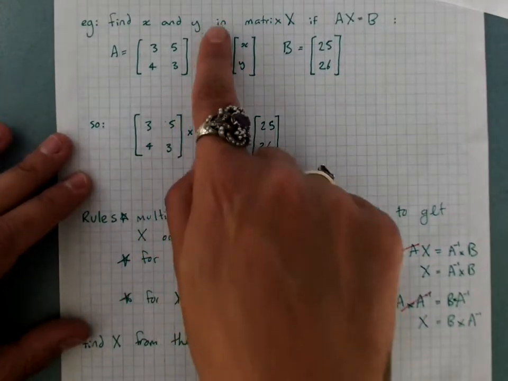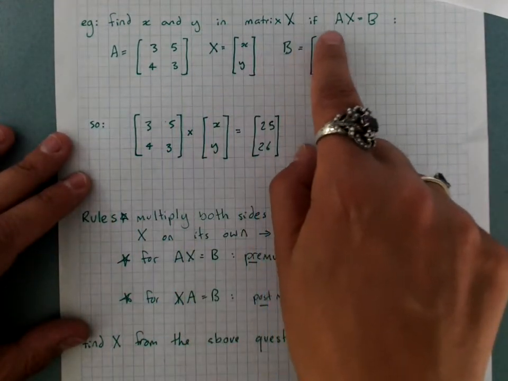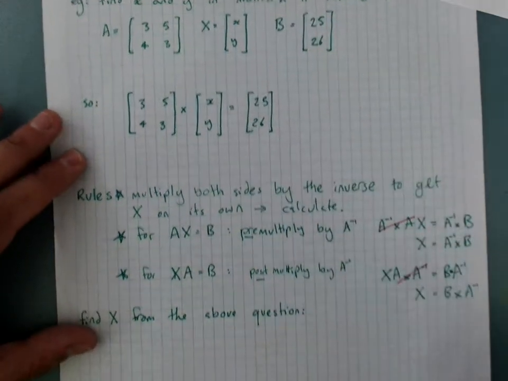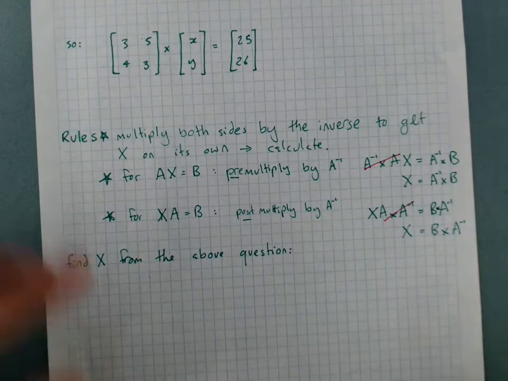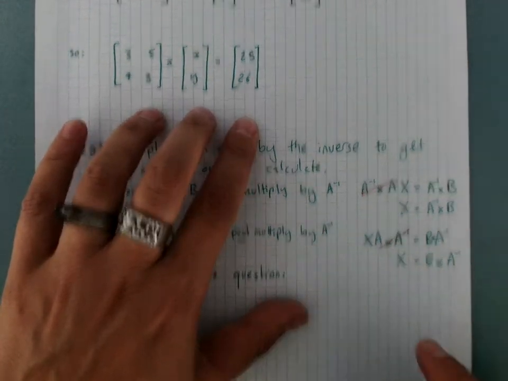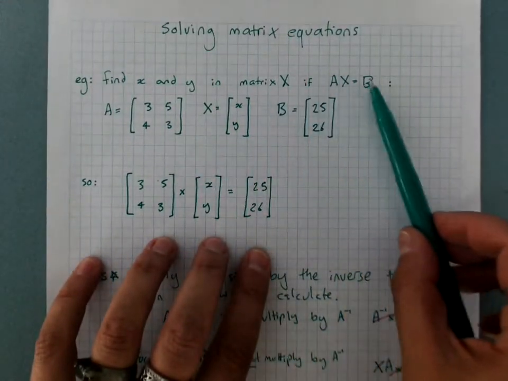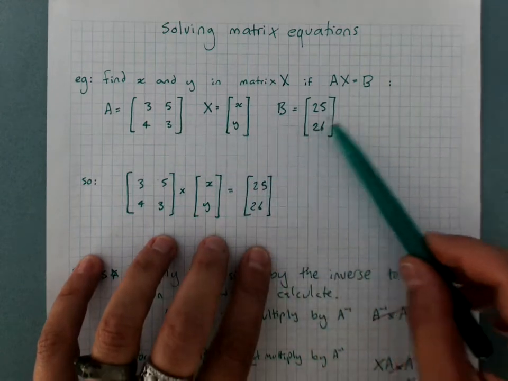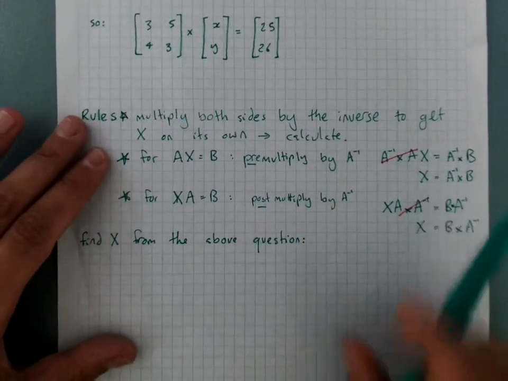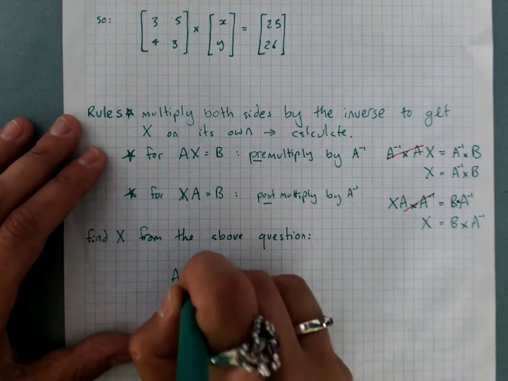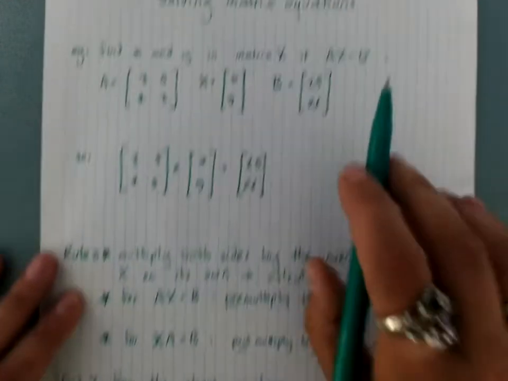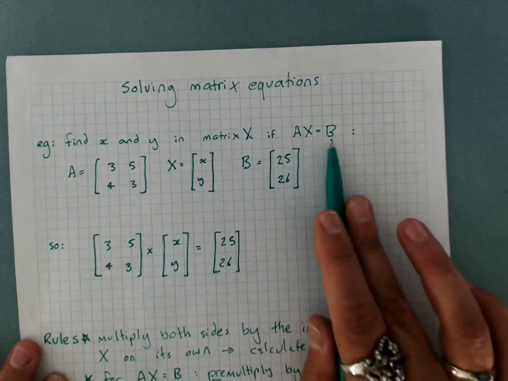Find matrix X from this above question. AX equals B. Please be aware, I do not need you to write the matrices out like this. They've told you AX equals B. They've told you what A and B are. I can just start by writing AX equals B from the question.